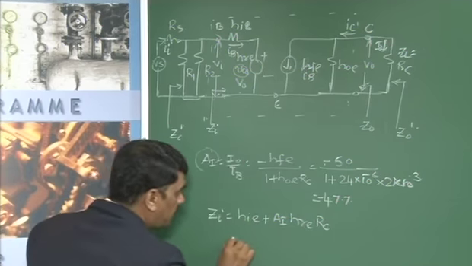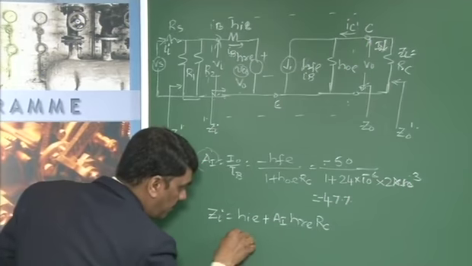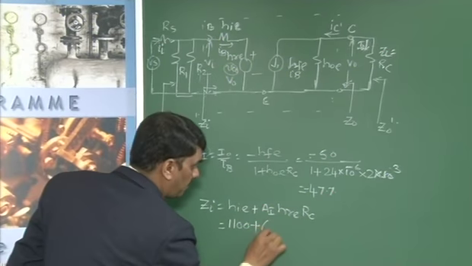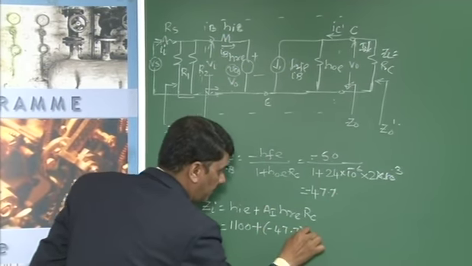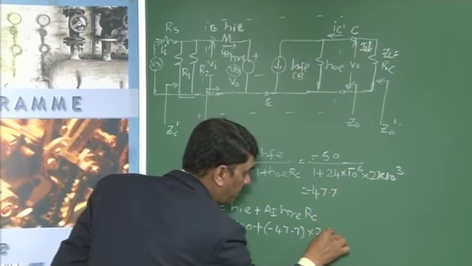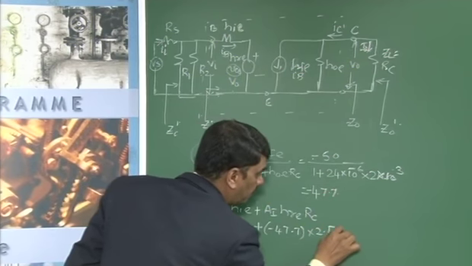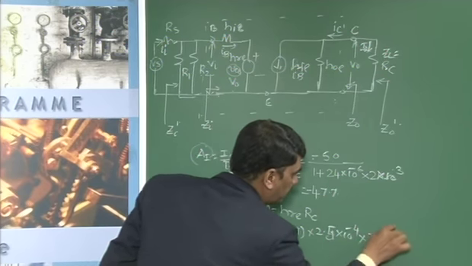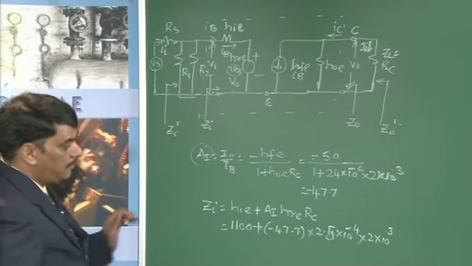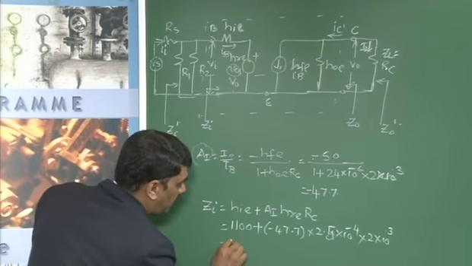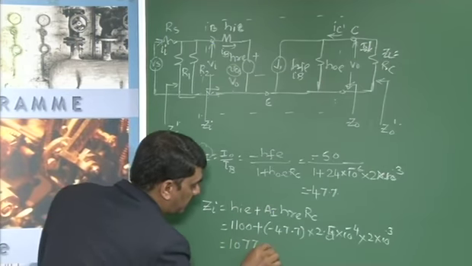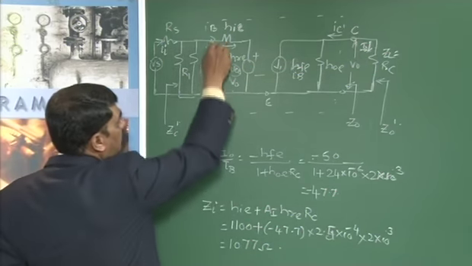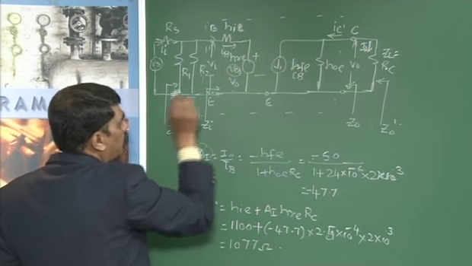Substituting the values, HIE is 1.1 K, that is 1100 ohms, plus AI is minus 47.7, HRE is 2.5 into 10 to the power of minus 4, and RC is 2 into 10 to the power of 3. Simplifying this, you get the value 1077 ohms. This impedance is what we see looking into the base and emitter terminals.